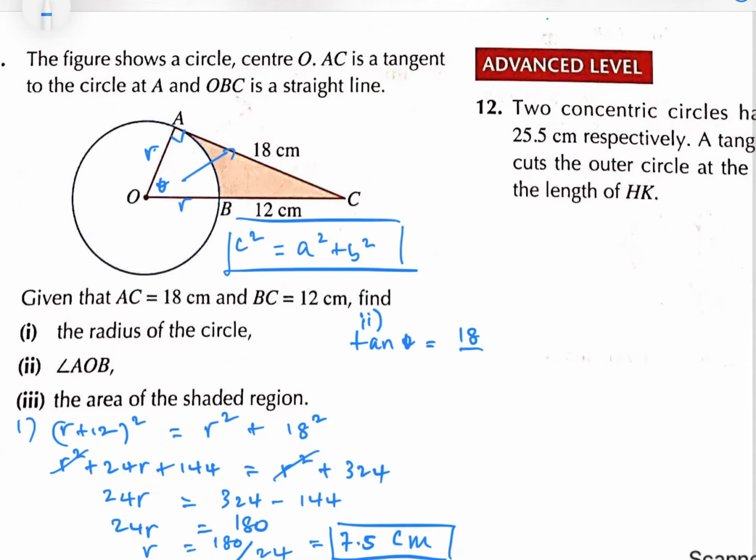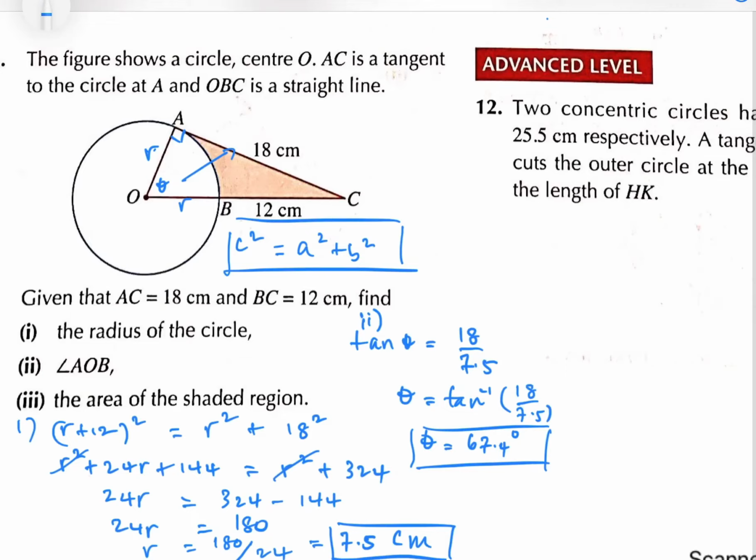So this is 18 over r, our radius, which is 7.5. So using your calculator, we can get 67.4 to 1 decimal place. This is the measure of angle AOC.